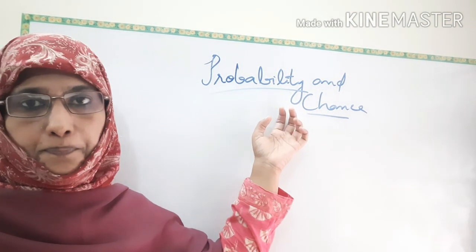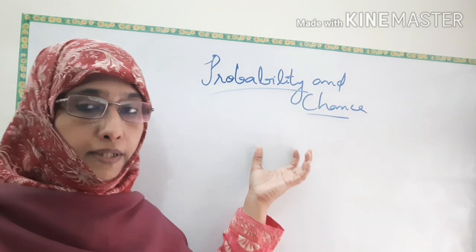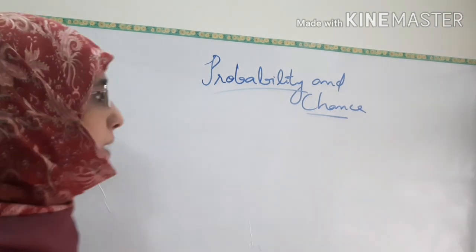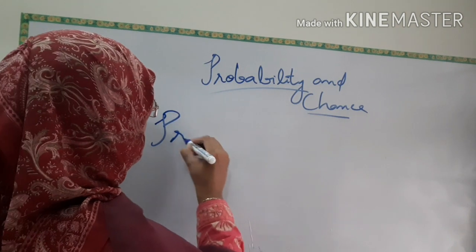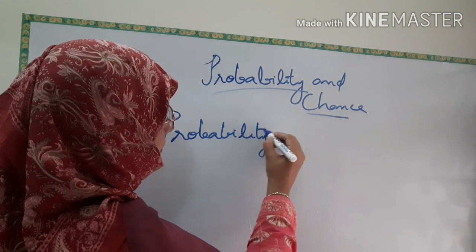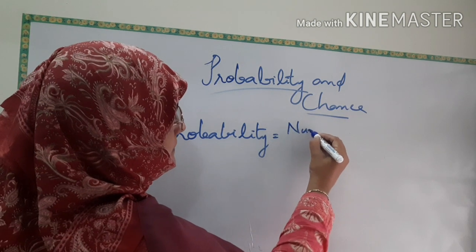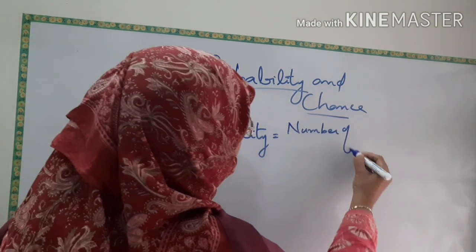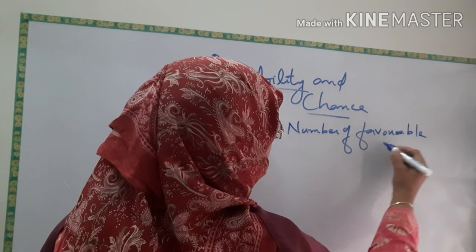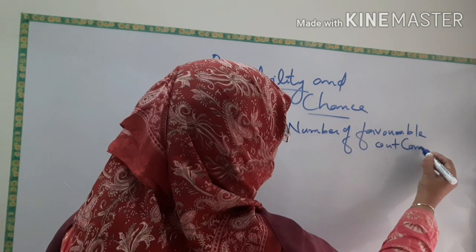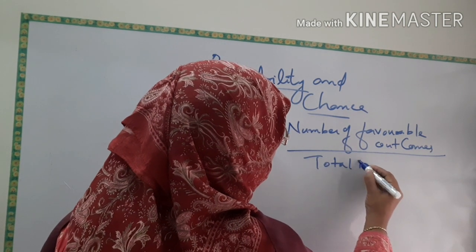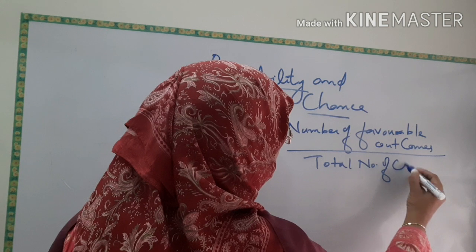So for finding the probability, there is a formula. That is, probability is equal to number of favorable outcomes by total number of outcomes.